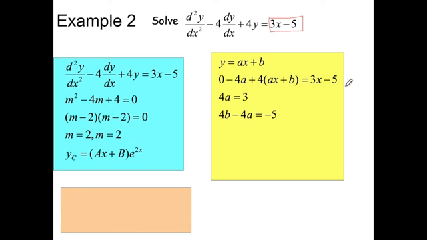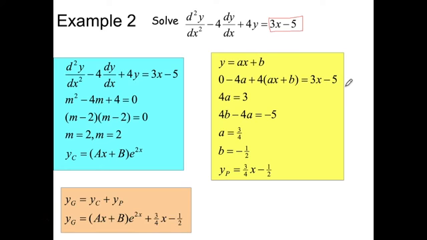So we'll get 4b minus 4a equal -5. So we solve these two equations for a and b. We get a as 3/4 and b as -1/2. So our particular integral will be 3/4x minus 1/2. And then our general solution will be the sum of the complementary function and the particular integral.